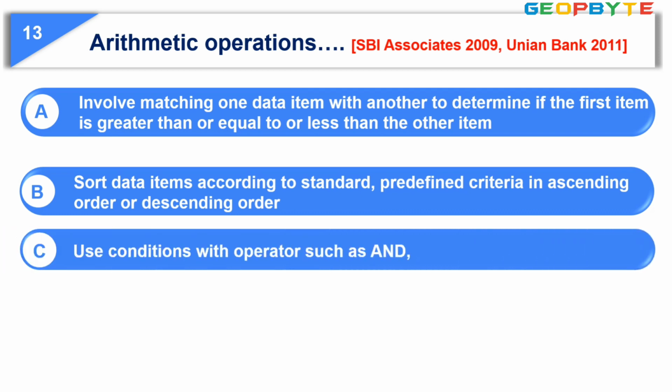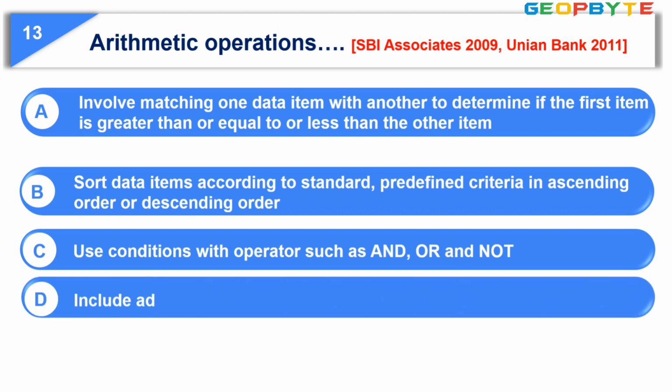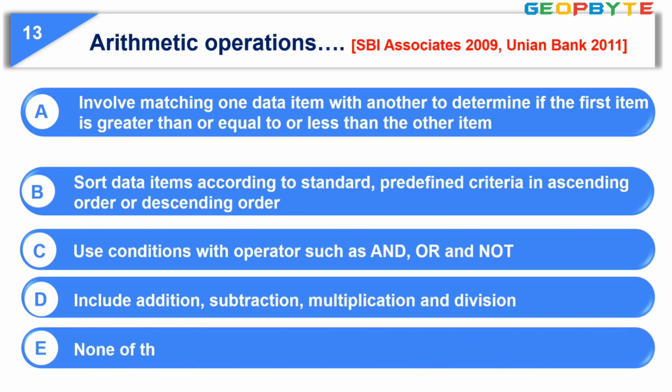Option C uses conditions with operators such as and, or, and not. Option D includes addition, subtraction, multiplication, and division. Option E, none of these. Arithmetic operations are addition, subtraction, multiplication, and division. So the correct answer is option D.